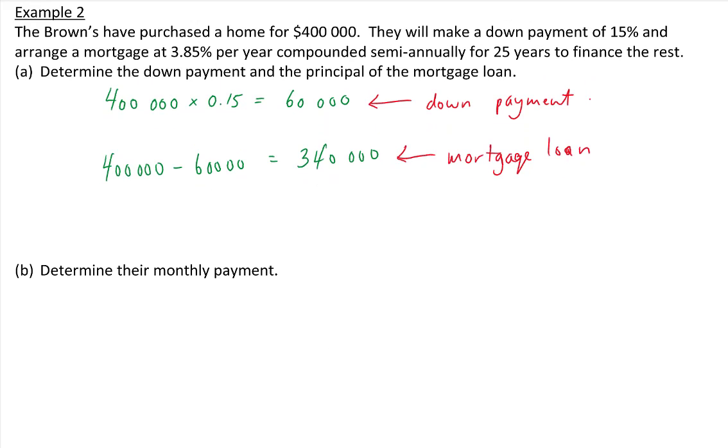Now that we know the size of the mortgage, we can determine their monthly payment, but first we need to find an equivalent interest rate for 3.85% per year compounded semi-annually, because again they're going to make monthly payments. So we need to convert that semi-annual rate to a monthly rate. So that's our first step.